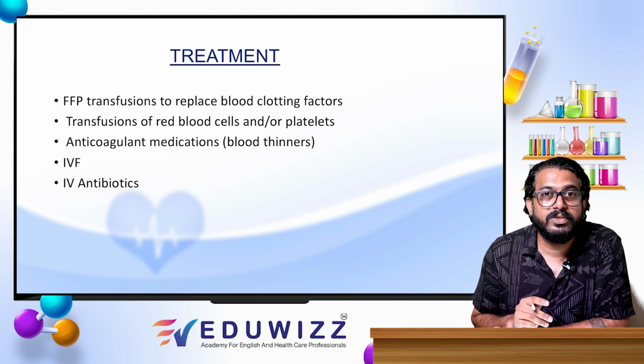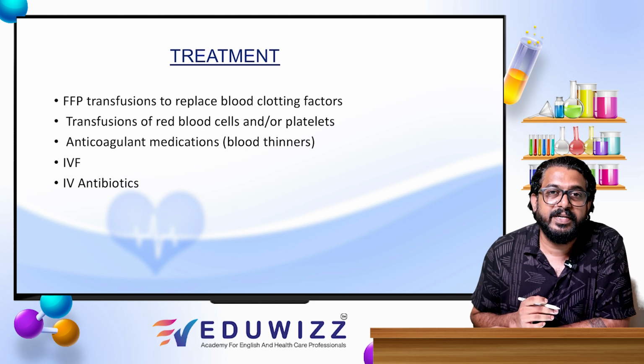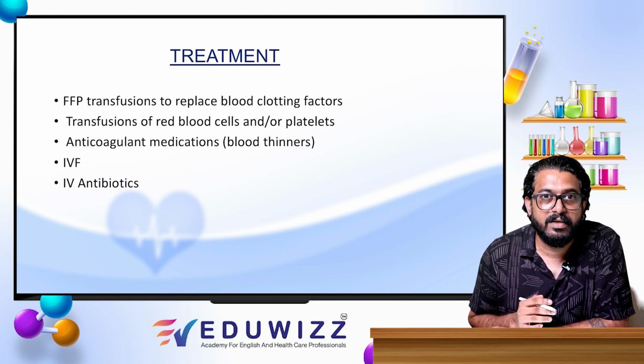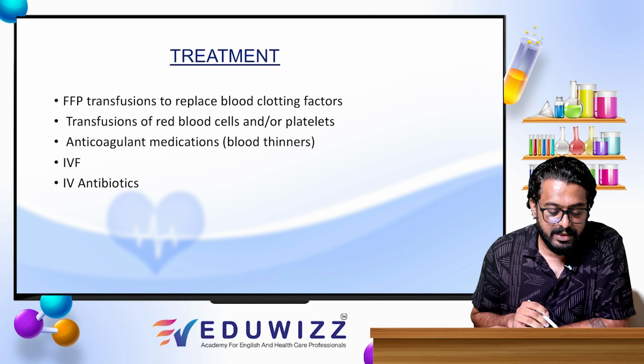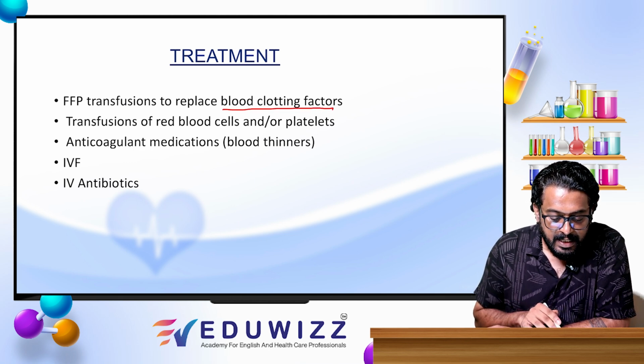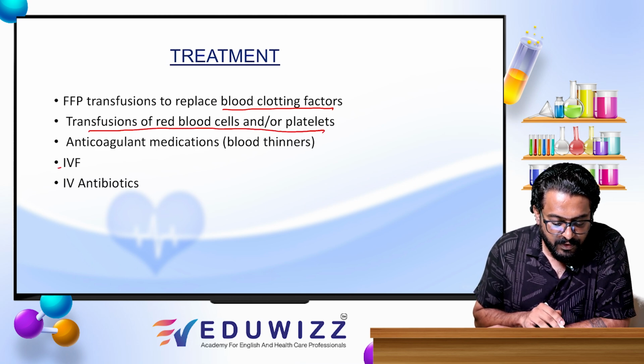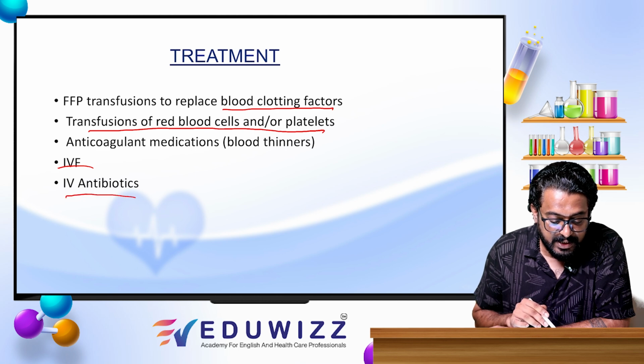And treatment includes, as the body is lacking clotting factors, firstly, we give fresh frozen plasma to infuse the clotting factors. So FFP transfusions to replace blood clotting factors, transfusions of RBC or platelets, IV fluids and antibiotics for infection.